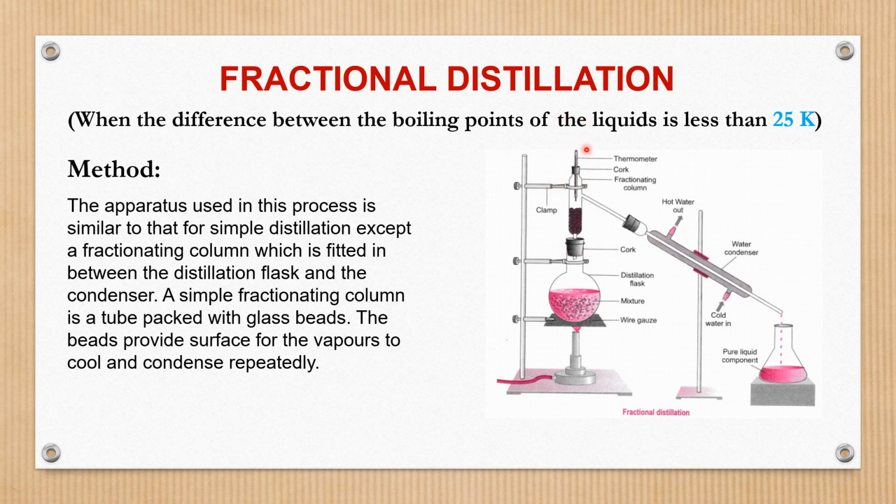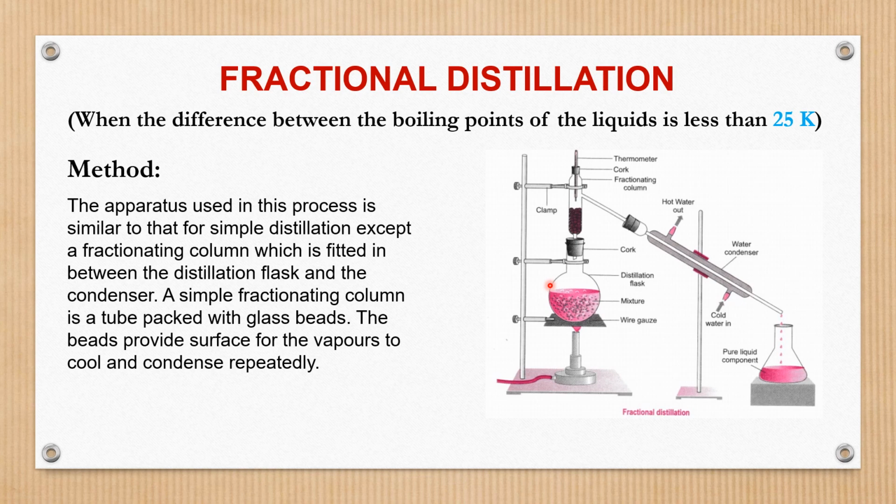That is why its name is fractional distillation. Fraction means parts. So here it is fitted with a fractionating column. We will see what is the use of this fractionating column.